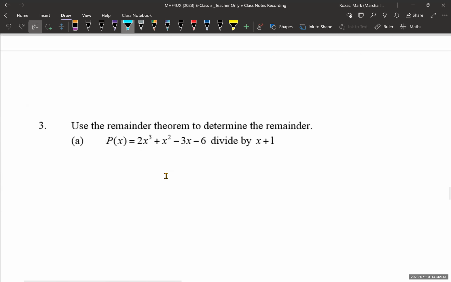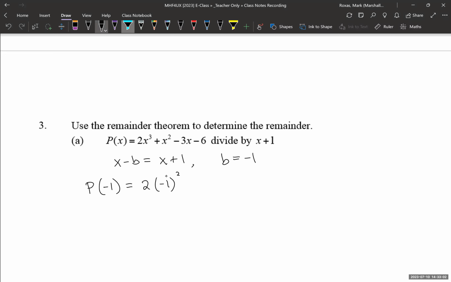Use the remainder theorem to determine the remainder. Okay, so here we have, remember x minus b is a divisor, so it's going to be equal to x plus 1. So therefore, b is equal to minus 1. So check. The remainder theorem says if I plug in minus 1 into my polynomial, p of negative 1, we get 2 times negative 1 cubed plus negative 1 squared minus 3 times negative 1 minus 6.